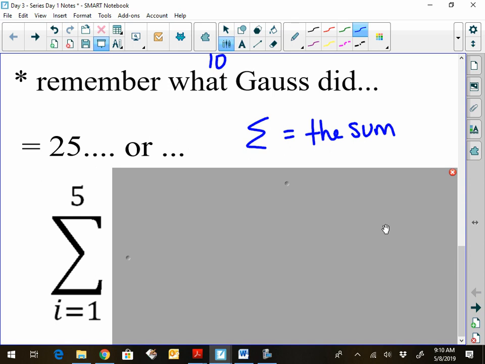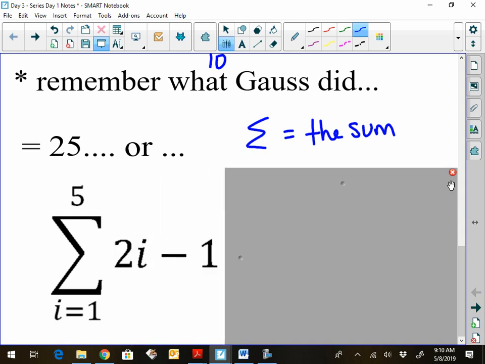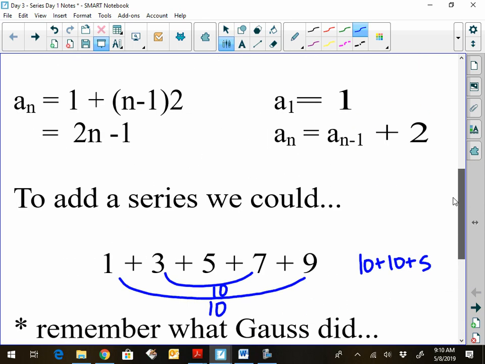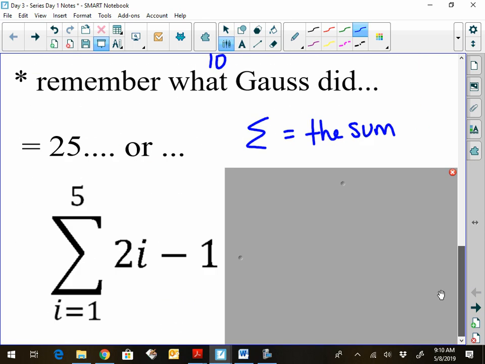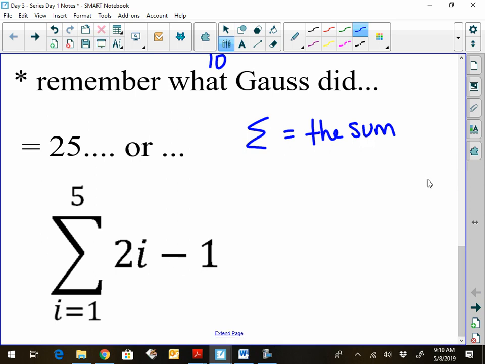So now how I would write this is using our explicit formula. Notice how this is the same as the explicit formula we have above, 2n minus 1. We just change the variable to match. So this means the same thing that we saw above. We could have also written it as the sum, from when n goes from 1 to 5, of 2n minus 1.